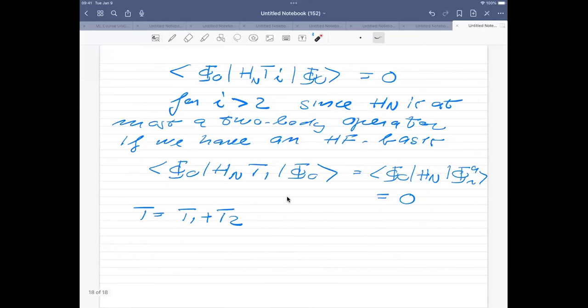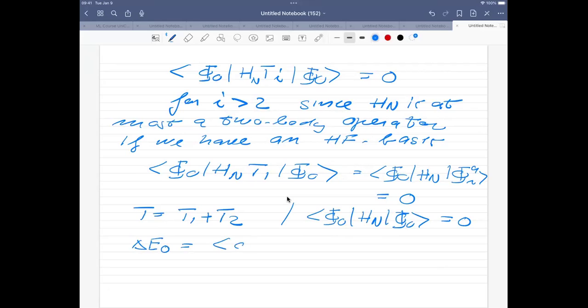So if we reduce the attention to just T1 and T2, and remember that phi 0 with the normal-ordered part of the Hamiltonian is equal to 0 because we have singled out the reference energy, then delta E_0 is simply given by phi 0, the commutator of H_N with T1 plus T2, of phi 0.